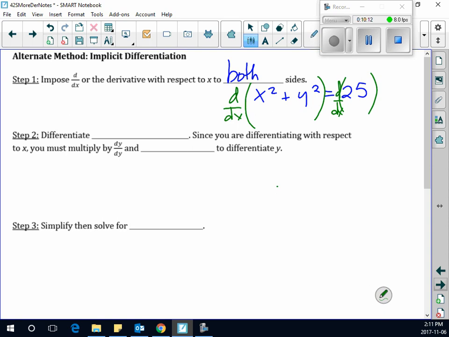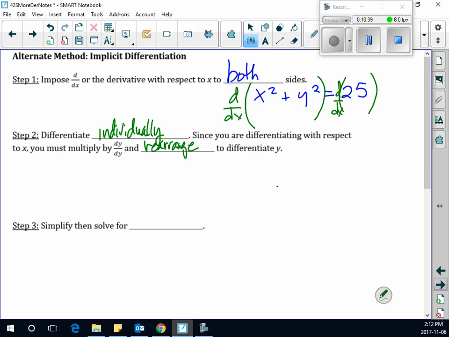So we're going to differentiate individually. Since you're differentiating with respect to x, you must multiply by dy over dy and rearrange to differentiate y. Okay, so I'll explain what I mean here.